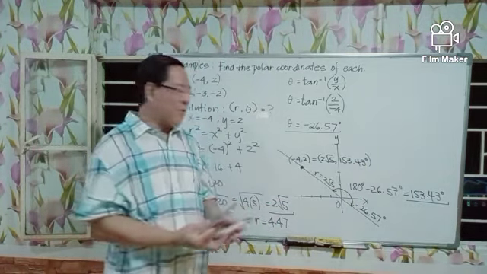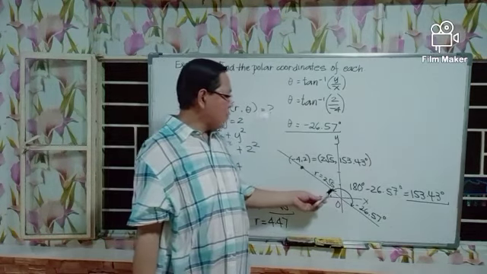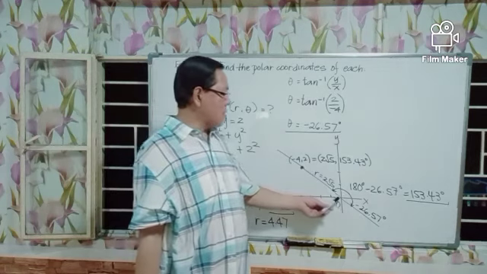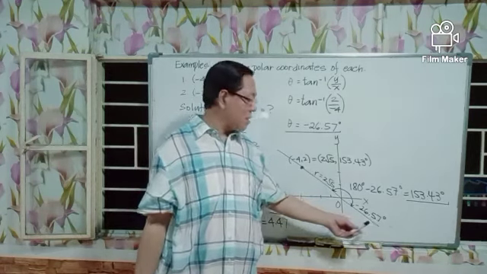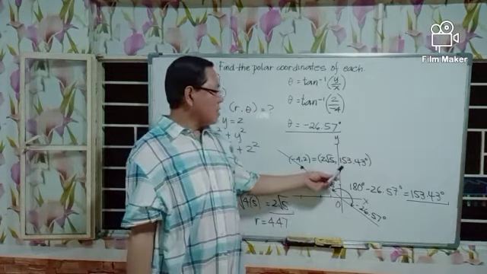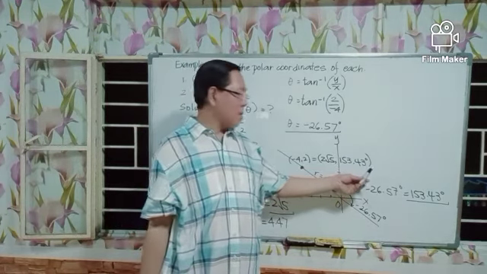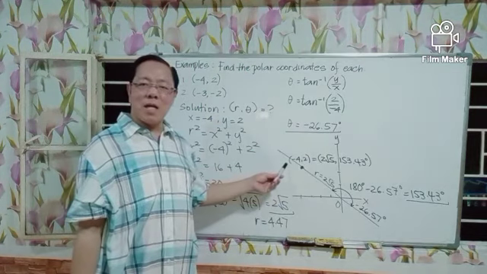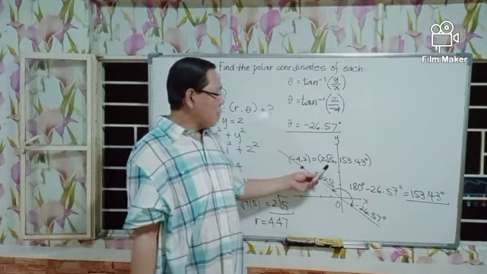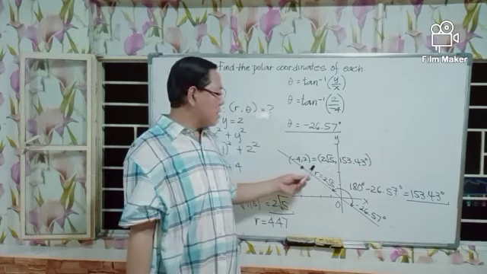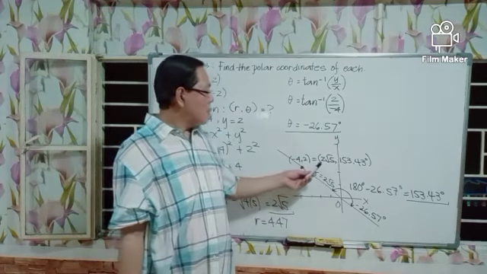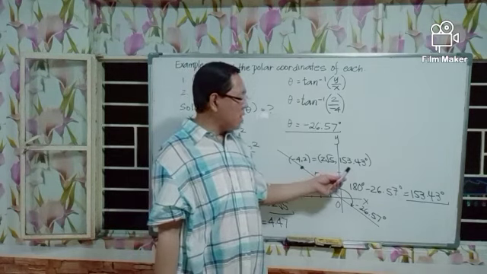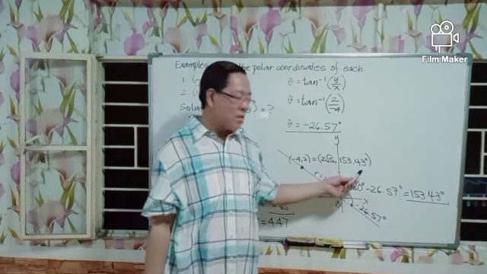Hence, the angle from the positive x up to this line, this ray, which is opposite the terminal side of negative 26.57 degrees, is 153.43 degrees. And this point has Cartesian coordinates negative 4, 2, and this same point has polar coordinates 2 times square root of 5 and 153.43 degrees.